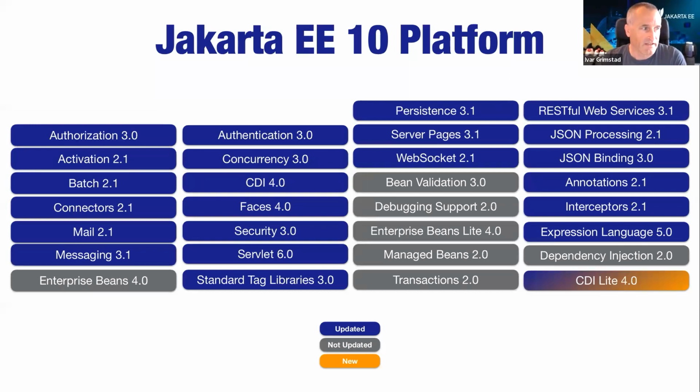And this is all the specifications that are part of the Jakarta EE 10 platform. As you see, all of the blue ones here are the ones that are updated in this release. And all the ones with a .0 behind the version number, like authentication 3.0 and concurrency 3.0, are major releases, meaning that they probably have some backwards incompatible changes.